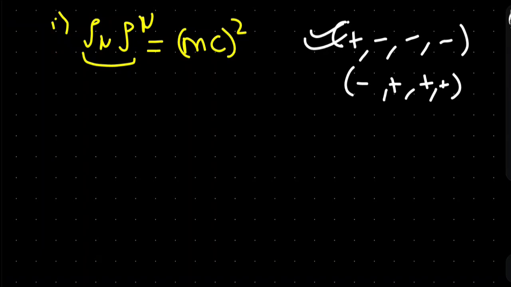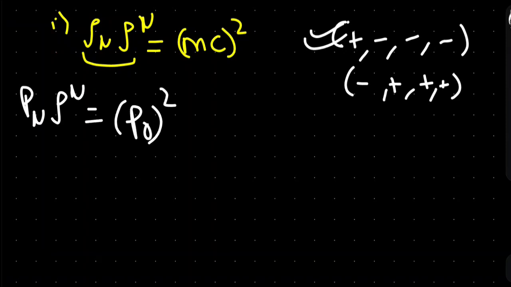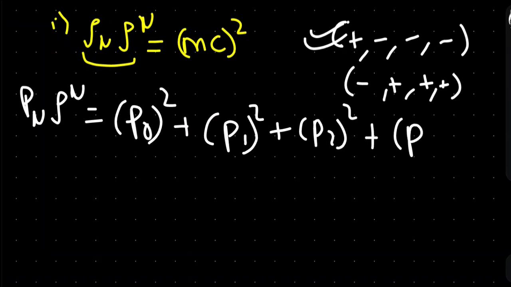So first of all, we are going to write out the momentum 4 vector p mu. These are the contravariant and covariant forms, you can see that in the notation. This is equal to p with subscript 0, which means the temporal component or the time component, plus p1 squared plus p2 squared plus p3 squared, which are generally px, py and pz.